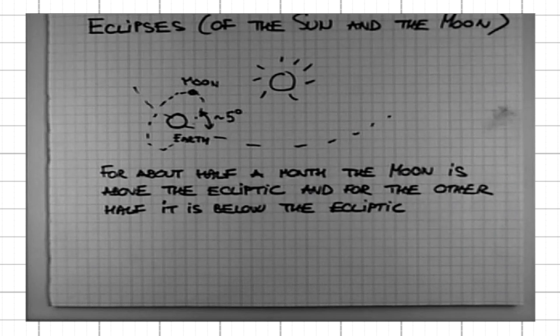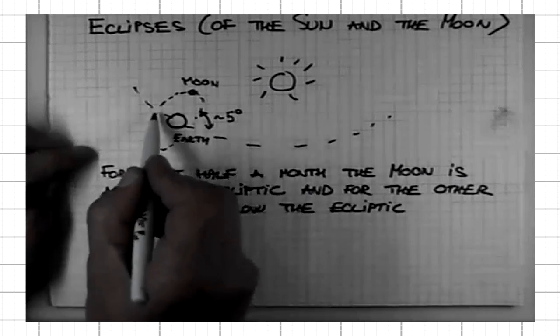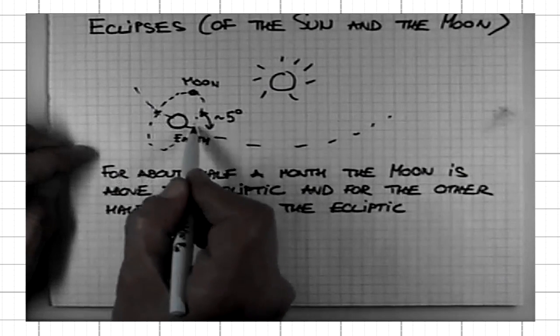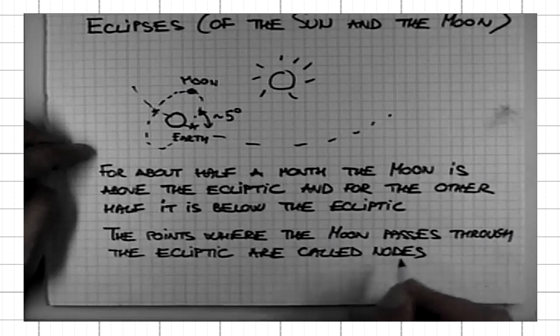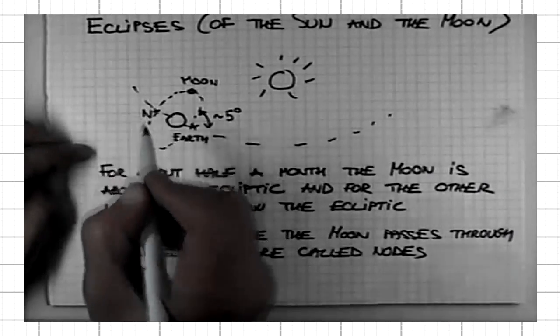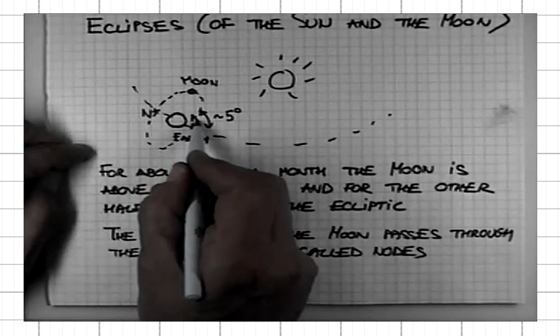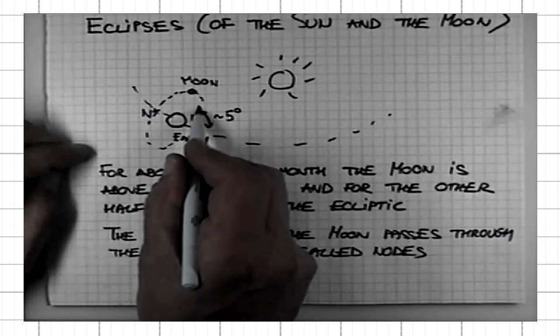The points where the moon's orbit passes through the ecliptic, these 2 points, are called nodes. Here is one node N, and the second node, which I'm going to denote with N prime.